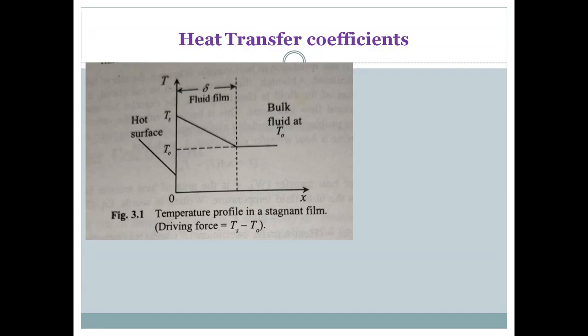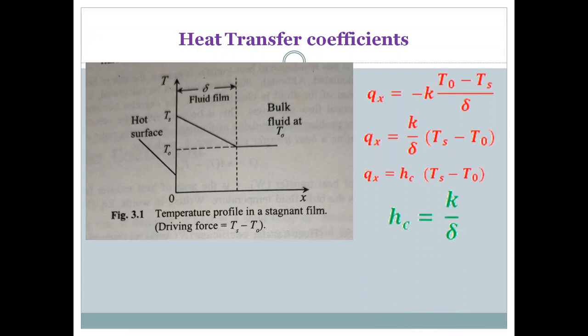Then I can use this equation, flux Qx equals minus K into T0 minus Ts, divided by the thickness delta minus 0. Because this is lower and this is higher, I take Ts minus T0, then on the negative side K by delta. That K by delta is equal to my heat transfer coefficient.